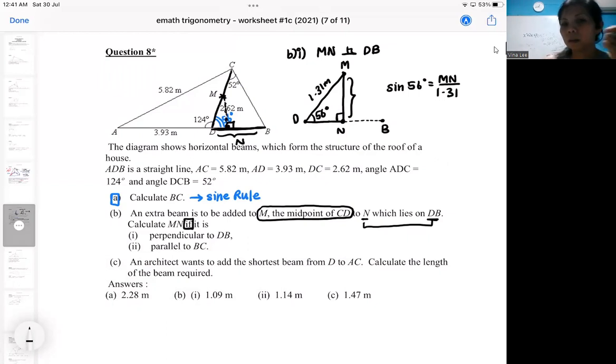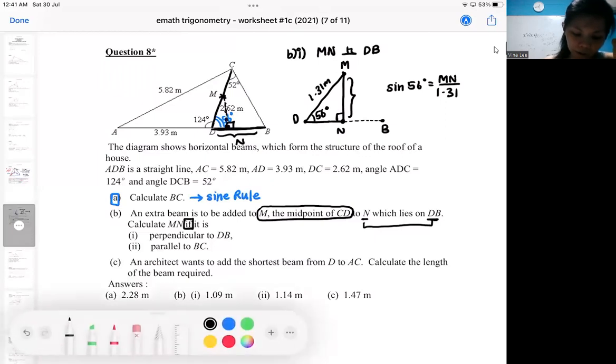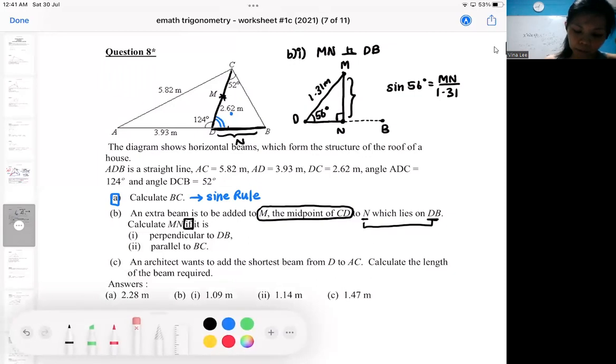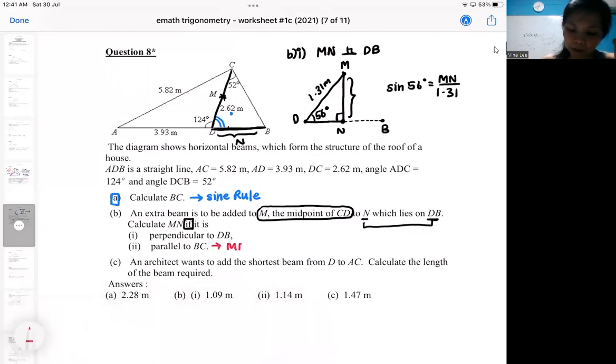Okay, now the second situation is different. In the second situation, they actually make it parallel. So if you look, they are going to make MN parallel to BC. So it will be structured in such a way, N is here, so that they could be parallel. And again, your job is to find MN.